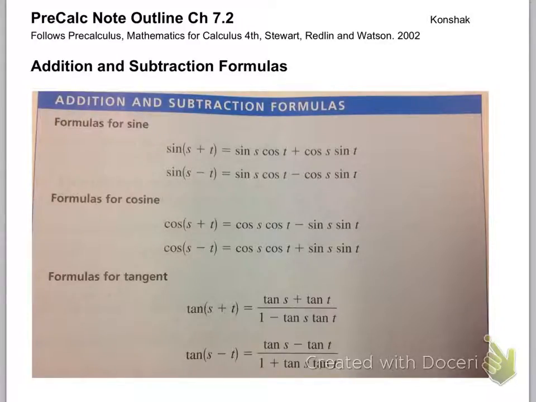We're going to start with an angle we don't know and convert it so we can use the expanded version. But then we're also going to give the expanded version and have you write it in the combined, simplified version so you can evaluate.